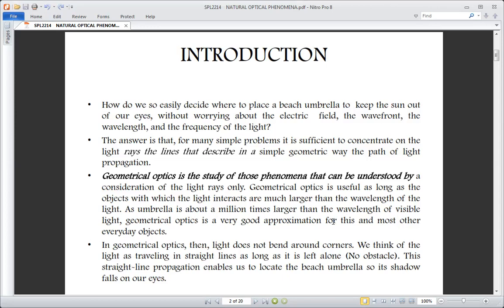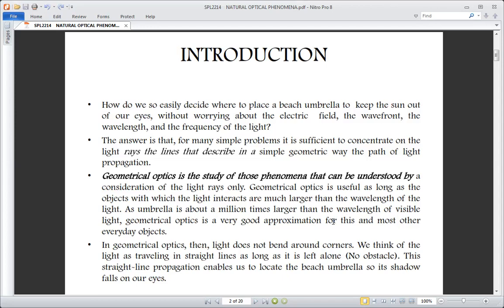And so when you block the rays of light with an object that is much, much bigger, then of course you know that you are going to prevent the transmission of light reaching the end. But when you use an object that is comparable in size to the wavelength, then you will not get the effect that you so desire. And that's why I've brought here an issue of an umbrella in comparison to the wavelength of light.